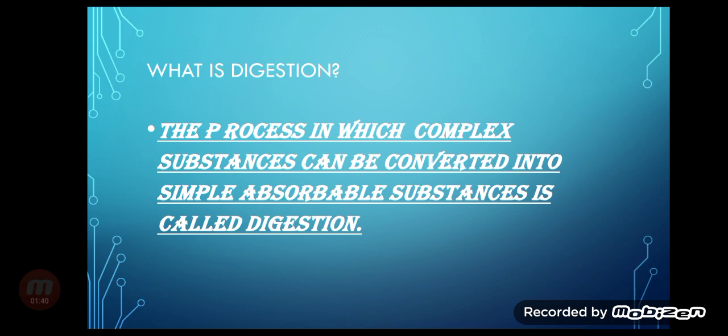The complex substances which we eat cannot be absorbed by our body. There should be a mediator to convert those into simple forms. So here the mediator is the digestive system. So the process in which this digestive system helps in conversion of complex substances to simple absorbable substances is called digestion.